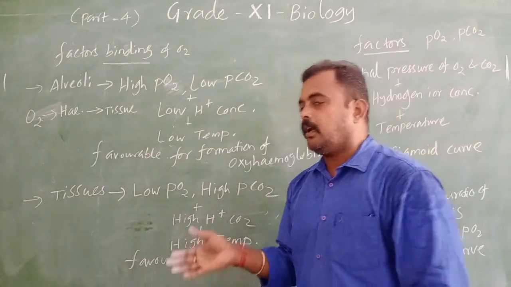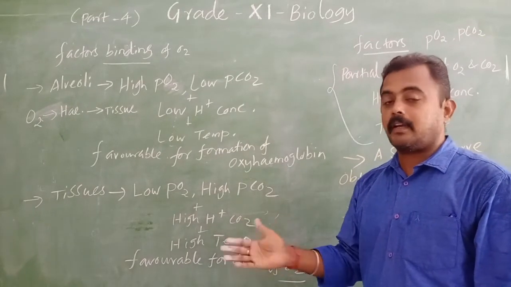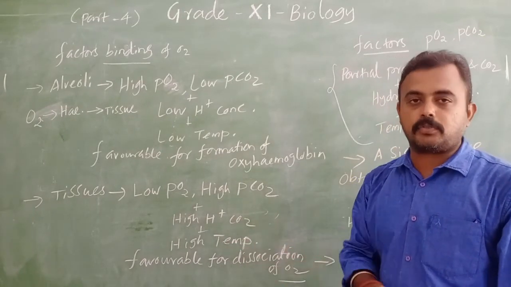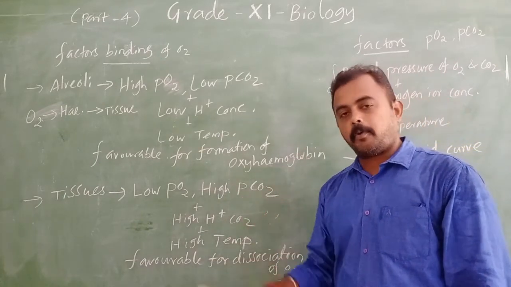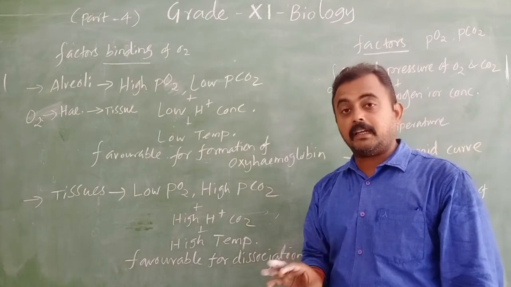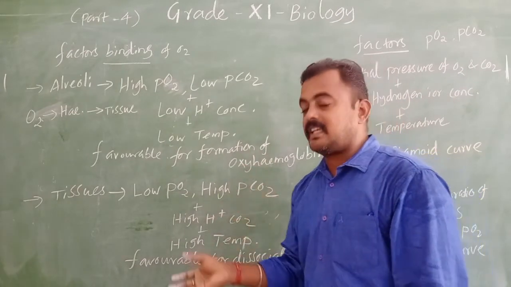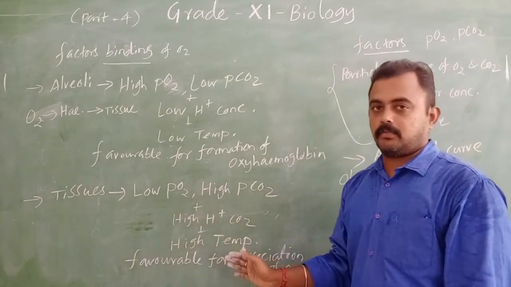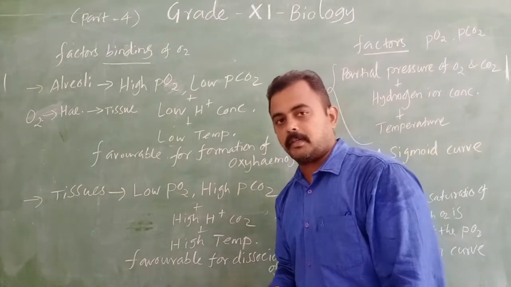Dissociation is nothing but the hemoglobin releasing what? Oxygen to the tissues. Then what happened? The catabolic processes happen. Where? In the tissue. Because now the tissue receives oxygen from hemoglobin. So all these factors are involved.